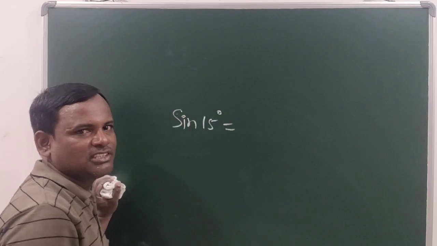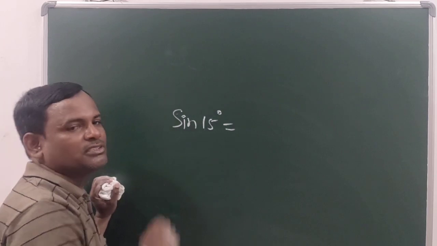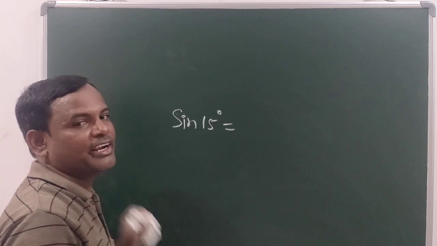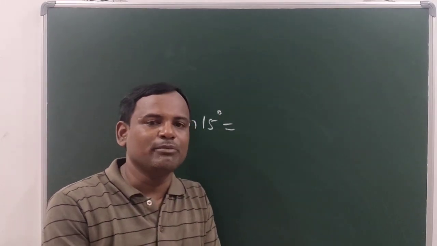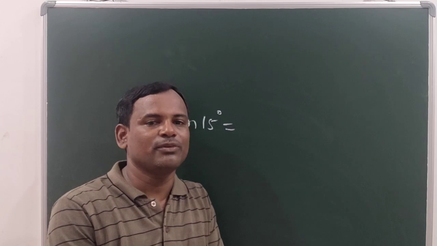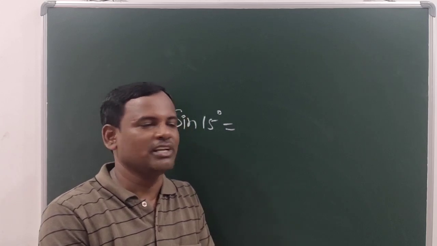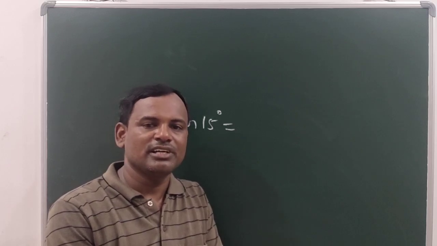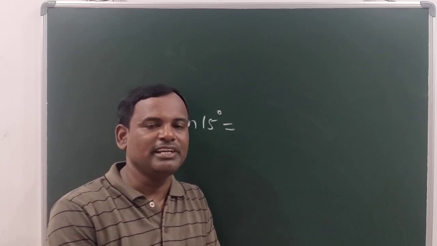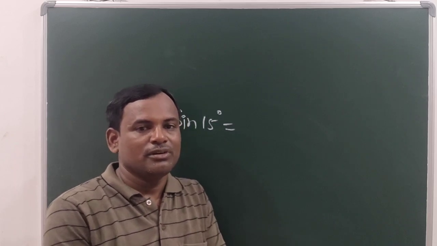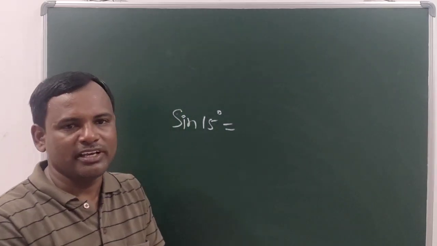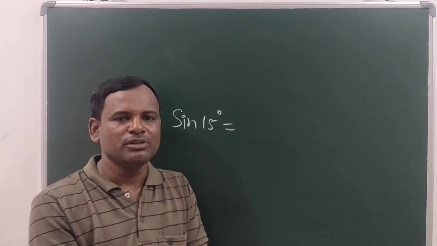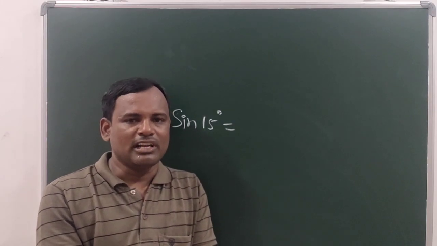In my previous class I explained all the basic trigonometric ratios at some standard angles, like 18 multiples (18, 36, 54, 72) and 15 multiples (15, 75), and also 0, 30, 45, 60, 90 degrees. The proofs are in my previous class, so if you want those proofs and values, you can go through the class video.